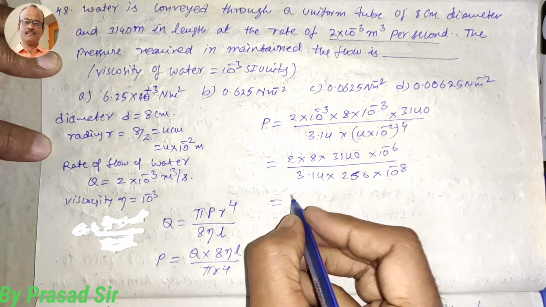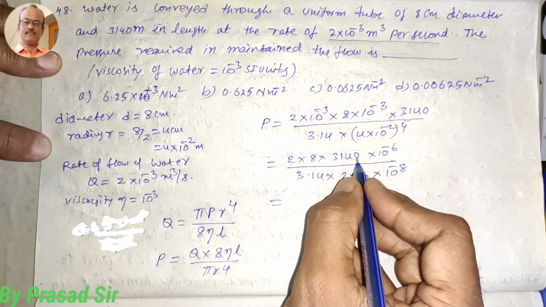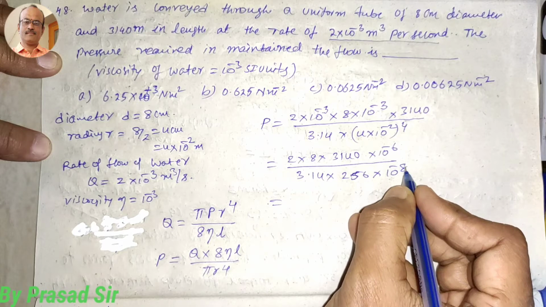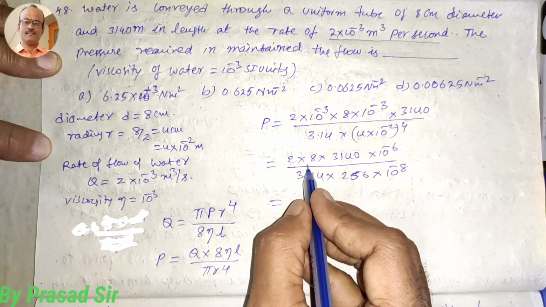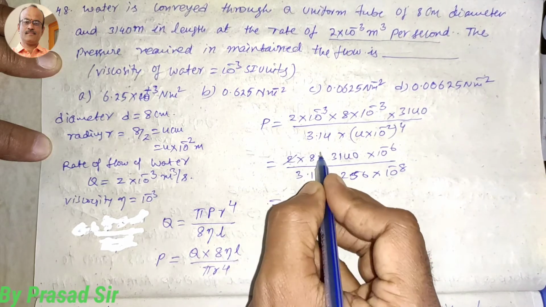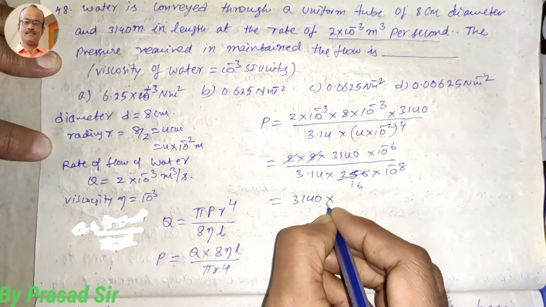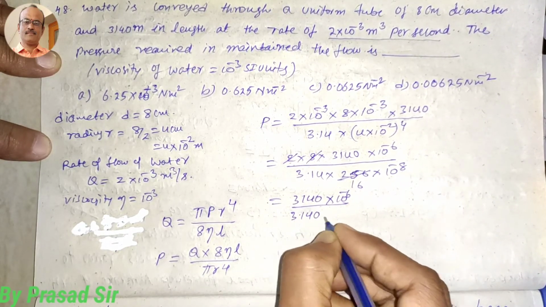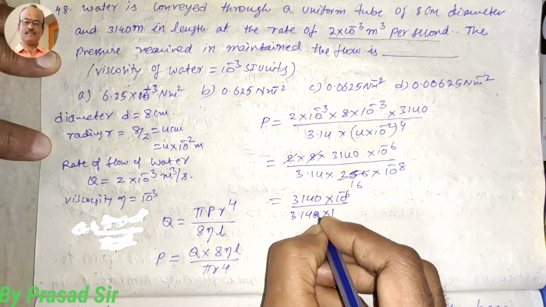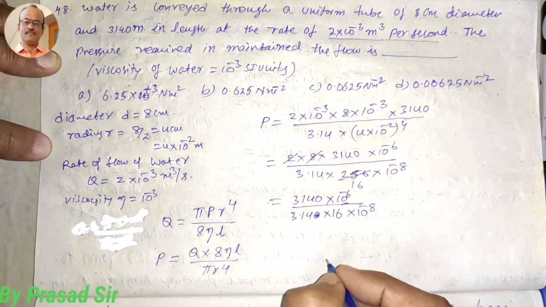Here 2 into 8, 3140, 10 to the power of minus 6 and 10 to the power of minus 8. But here 2 8s are 16. So 3140 into 10 to the power of minus 6 divided by 314 into 16 into 10 to the power of minus 8.